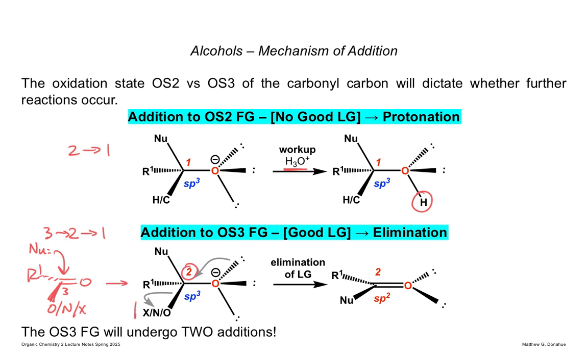But now what's important is what that group is there. Because instead of being protonated at this stage, the negative charge on oxygen is going to collapse back to form a pi bond. That's going to eliminate off that leaving group. And now you're back to oxidation state 2. And so essentially what will happen is that will undergo a second reaction.